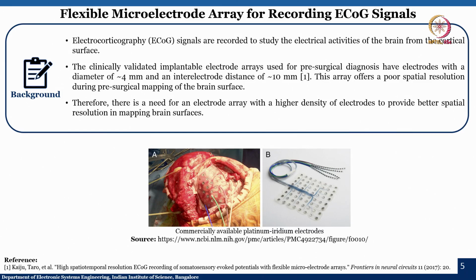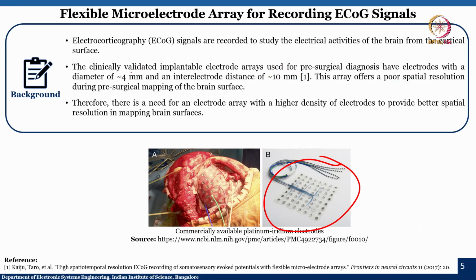The clinically validated implantable electrode array used for pre-surgical diagnosis has electrodes with a diameter of 4 millimeter, and an inter-electrode distance of 10 millimeter. You can see this one, 4 millimeter and 10 millimeter. The array offers a poor spatial resolution during pre-surgical mapping of the brain surface. That means you need a higher density microelectrode grid array.